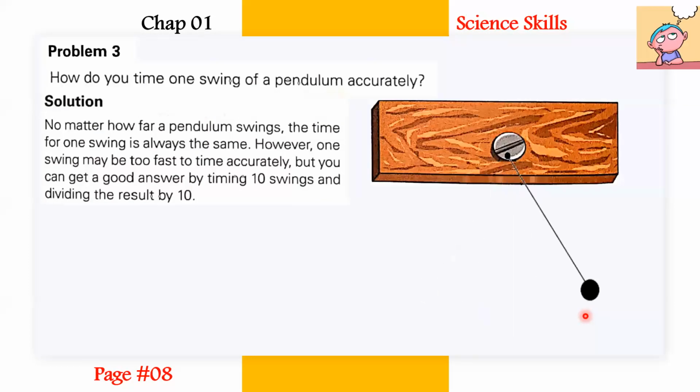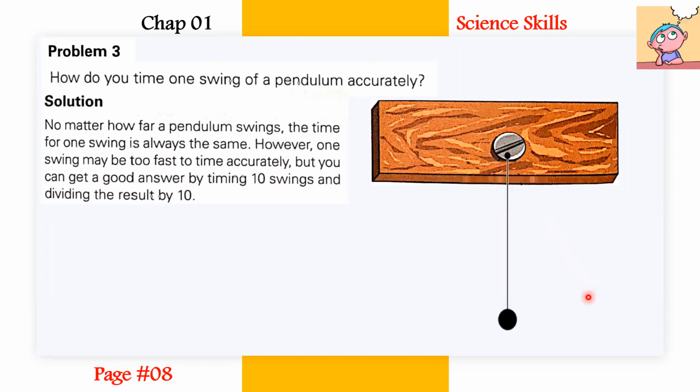However, one swing may be too fast to time accurately, but you can get a good answer by timing 10 swings and dividing the result by 10. From one side to the other side, and back to the first side, is what is called one vibration or one swing.